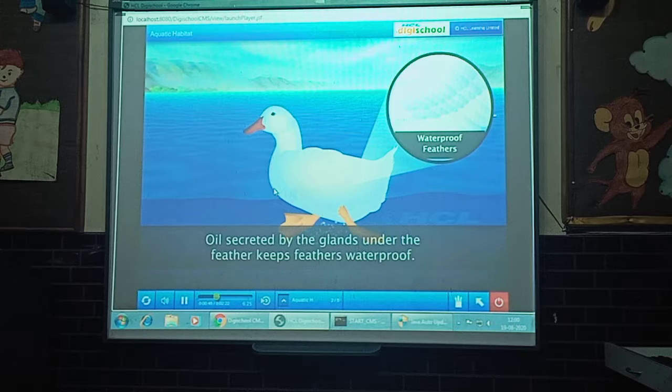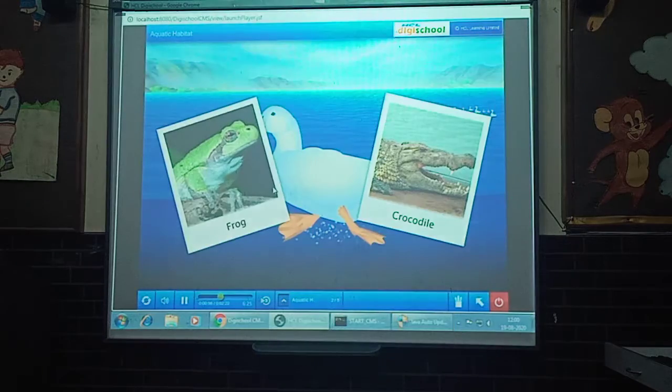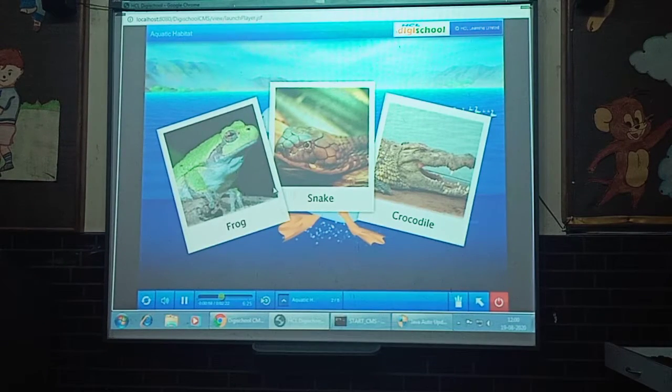Special structures under the duck's tail produce an oily substance that keeps their feathers waterproof. Animals such as the crocodile, frog and snakes are also found mostly in the same habitat.